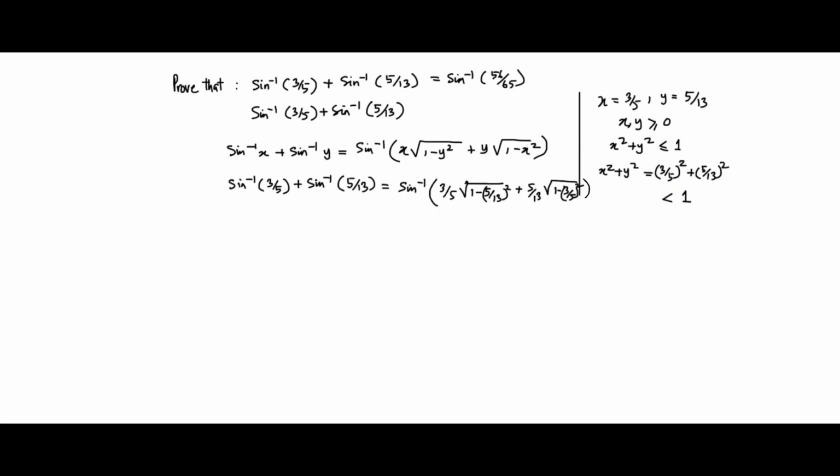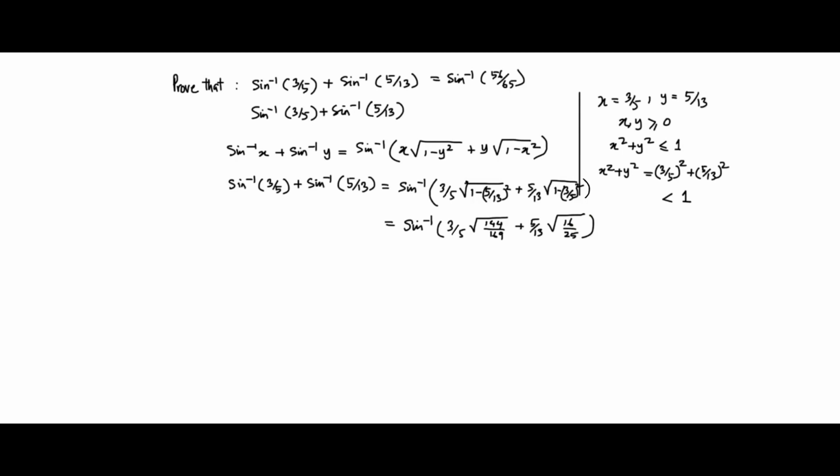On simplifying this, it is equal to sine inverse of 3 over 5 times square root of (169 minus 25) divided by 169, plus 5 over 13 times square root of (25 minus 9) divided by 25, that is 16 divided by 25.